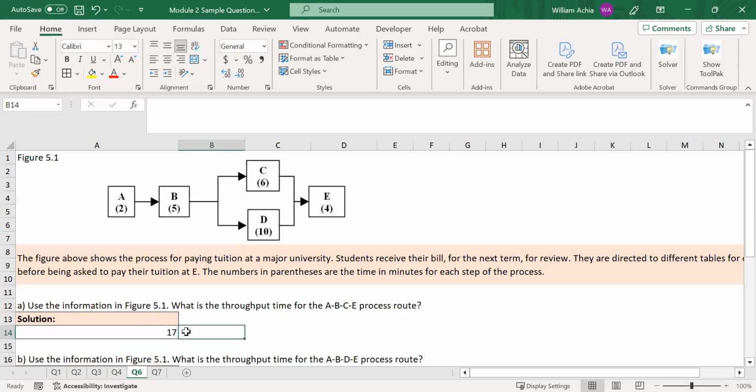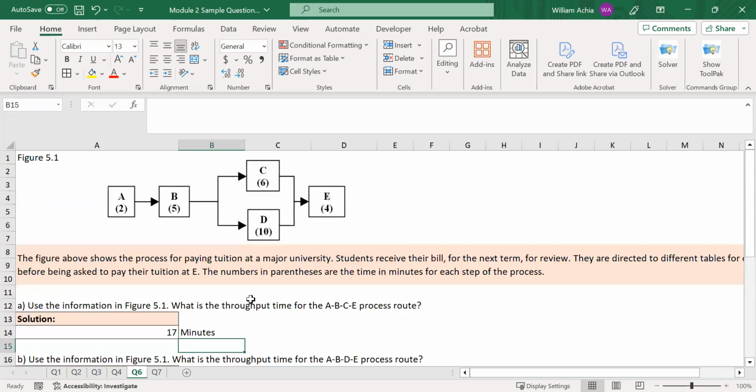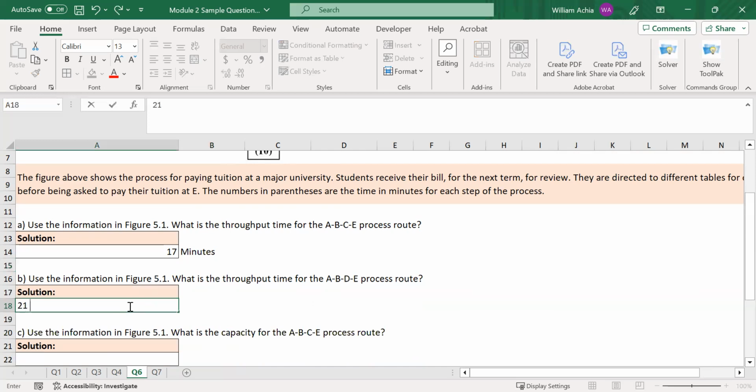They spend a total of 17 minutes if they chose this route. The next question is, what's the throughput for the ABD? Again, 2 plus 5 plus 10 plus 4. So 7 plus 10 is 17, 17 plus 4 is 21 minutes.